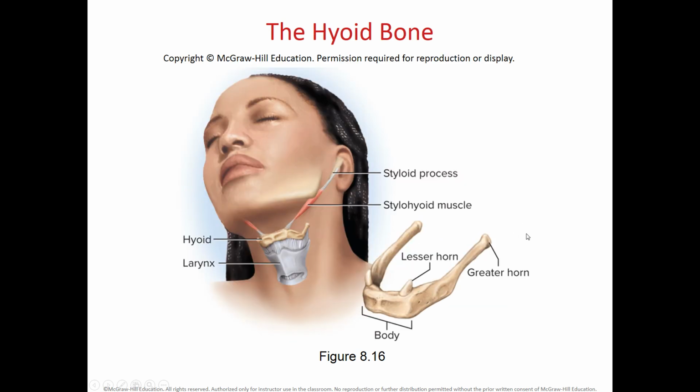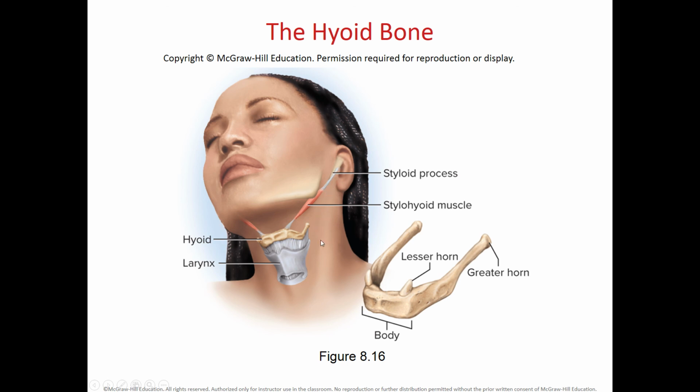The hyoid bone is this anterior neck bone that is only held into the neck by ligaments and muscles. Like this is the stylohyoid muscle that holds this bone to the styloid process of the temporal bone.